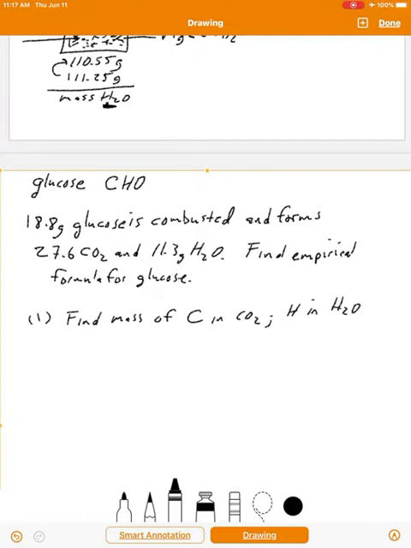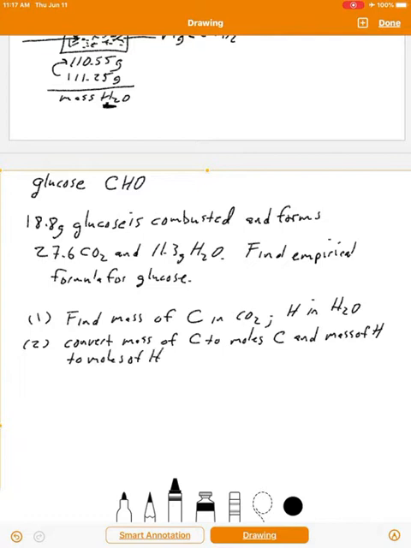Once we've got those masses, then we can convert the mass of carbon to moles of carbon and mass of hydrogen to moles of hydrogen.